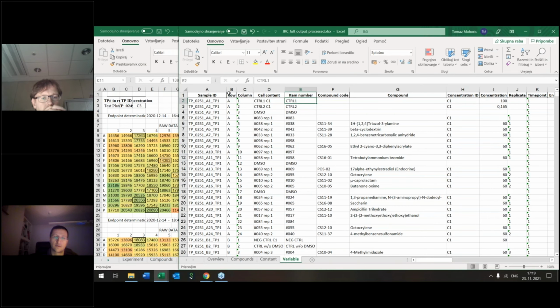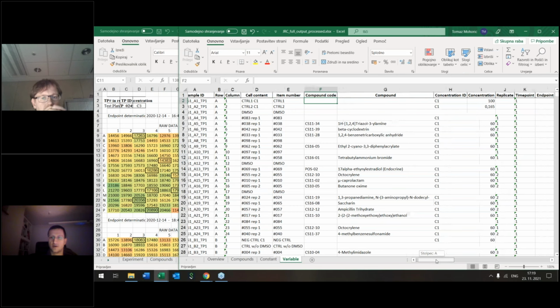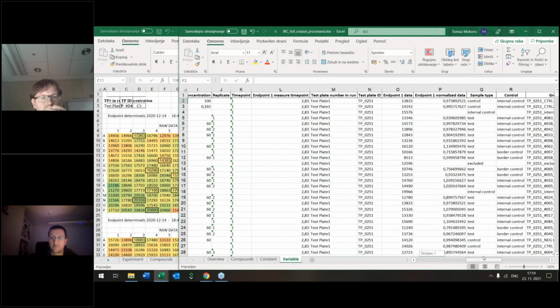For example, okay, this is the row of the plate, column, plate number, and what was the content of the well. So what was the compound concentration and what was the measurement.